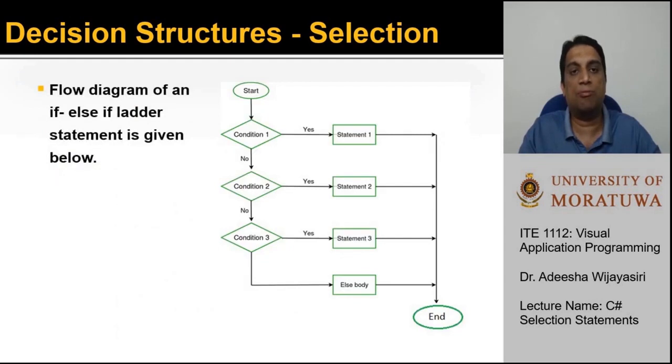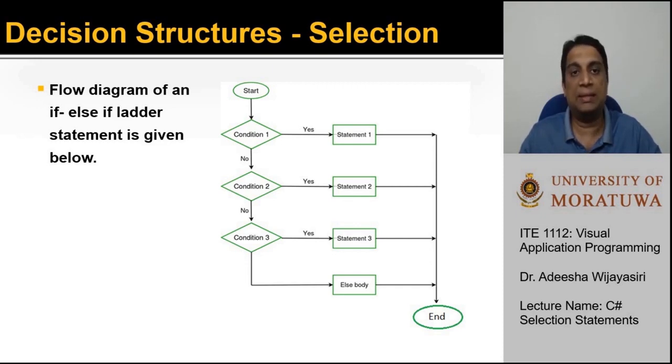The flow diagram of the if-else if ladder is shown in this slide. As I mentioned in the previous slide, condition of the first if clause will be evaluated first, and if it is true, then block of statements for the first if clause will be executed, and execution of the if-else if ladder will end.